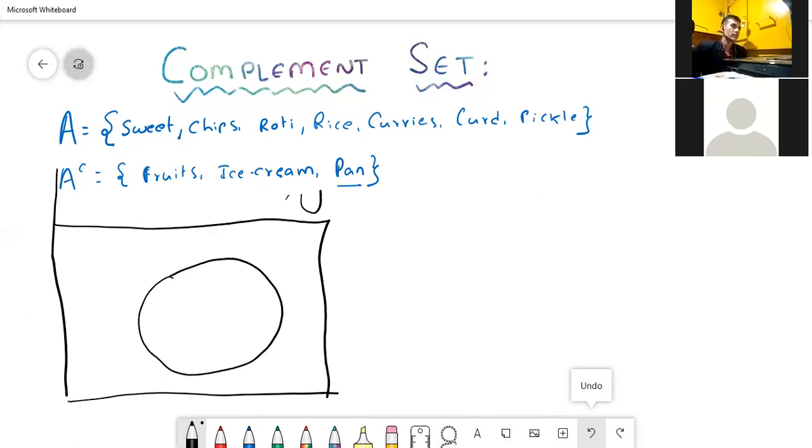This contains all food items. You can show this region where all food items are there.